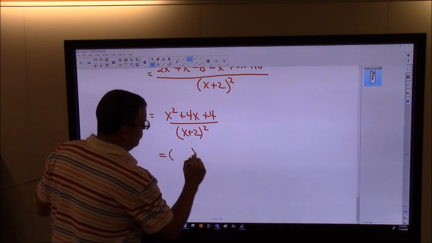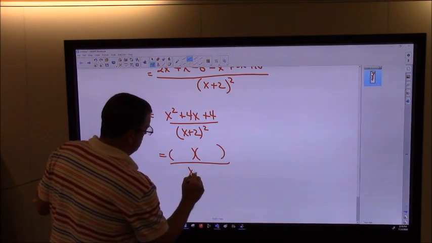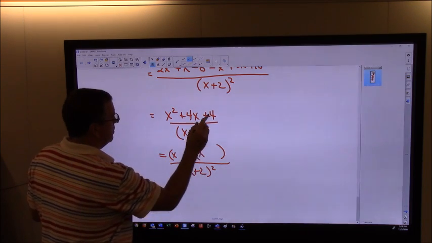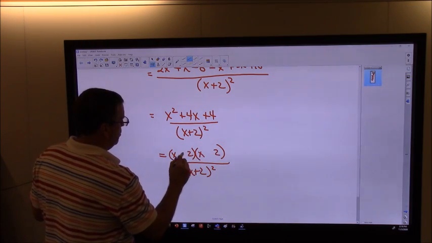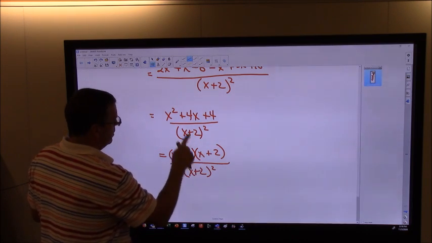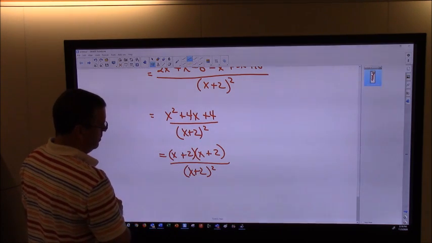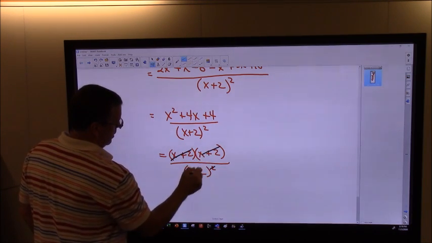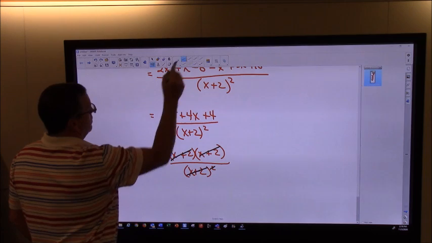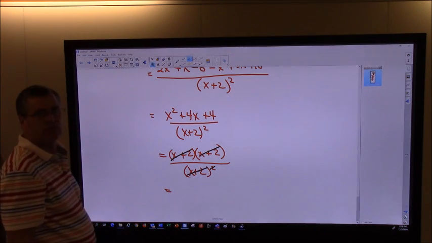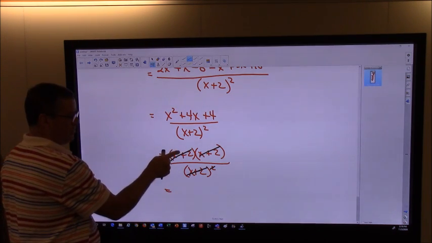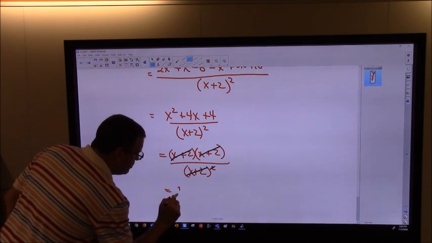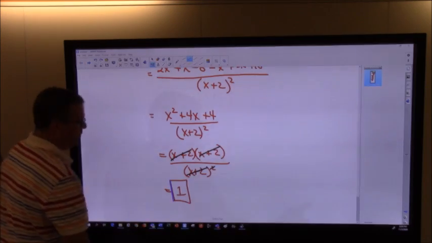If I factor that numerator, let's see, x times x, 2 times 2, and if they're both positive, we'd get 4x in the middle and 4 right there. Look at that. That cancels with one of these, and that cancels with the other one. So our answer is, remember, when we cancel those, we're saying we've got the same thing top and bottom, and when you have a fraction, top and bottom are the same, that means you just get 1 for an answer.